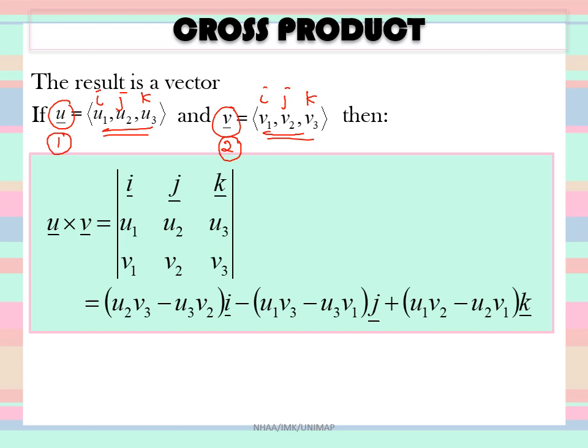So when we perform U cross V, okay, this is how you write the multiplication.